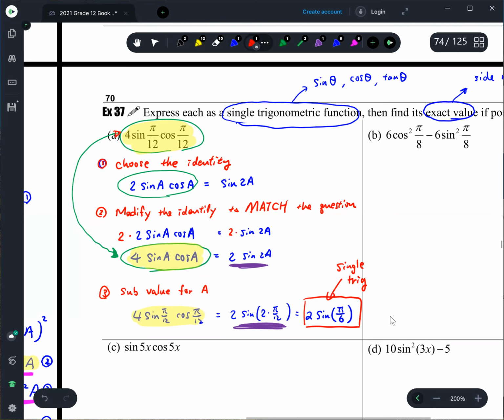Can you raise your hand if you copy everything down? Every question will be doing the same steps. Pick an identity that works and try to match it. And then you just sub it in, that's all.